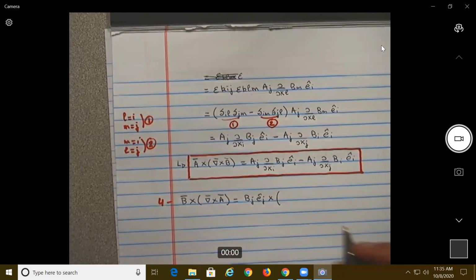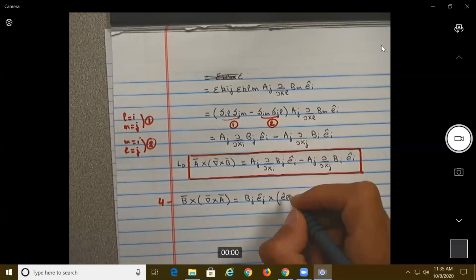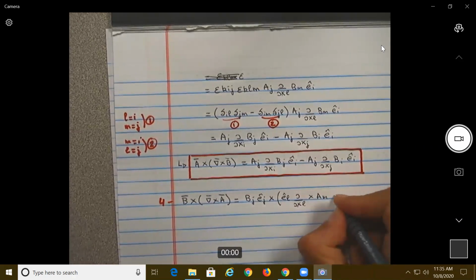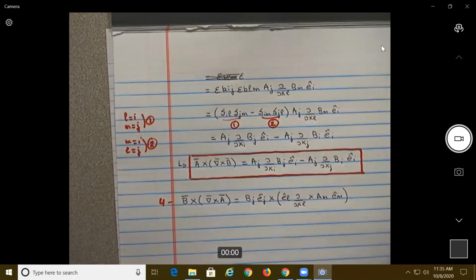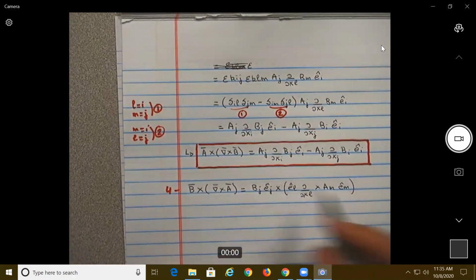So EL partial XL cross A of M E of M. Okay, so basically everything remains the same. We'll switch the orders of the A's and B's.